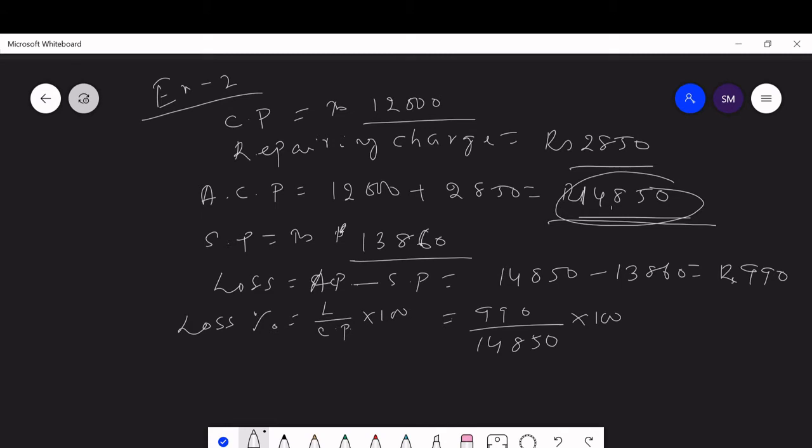Then after simplification we get 20 upon 3%, which is equal to 6 whole 2 upon 3%. In this transaction the total loss percentage is 6 whole 2 upon 3%.